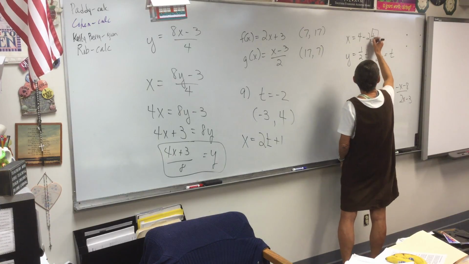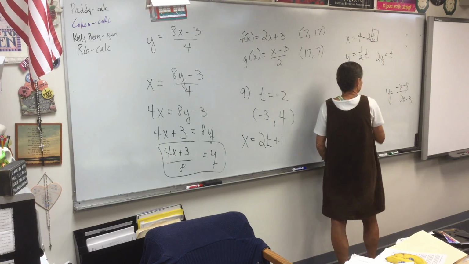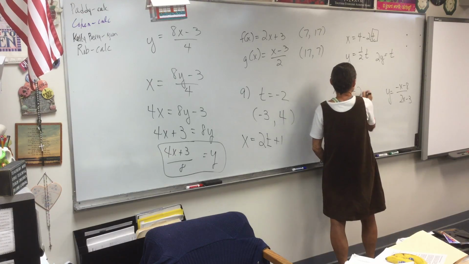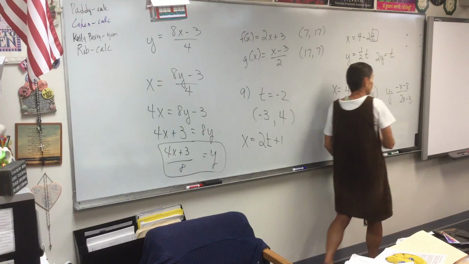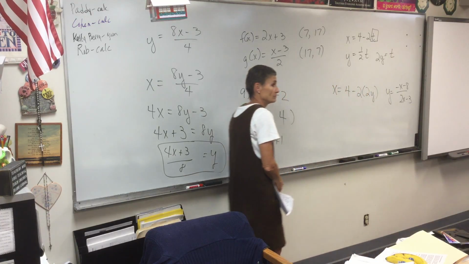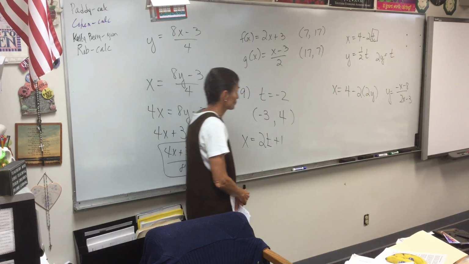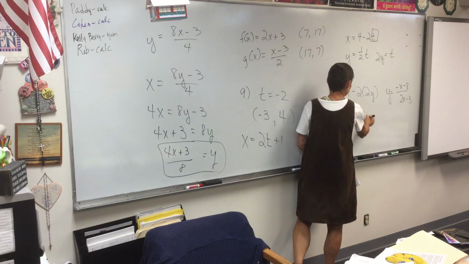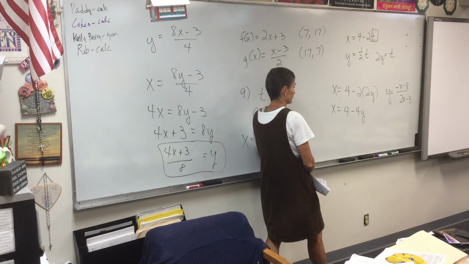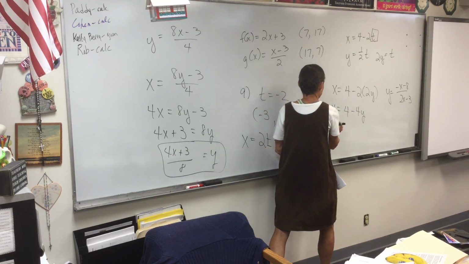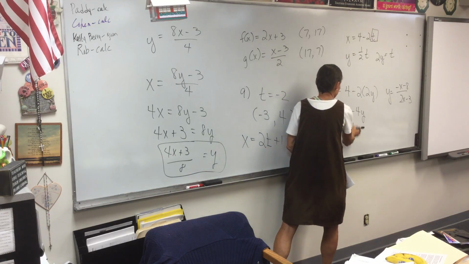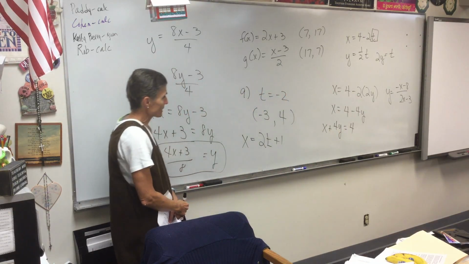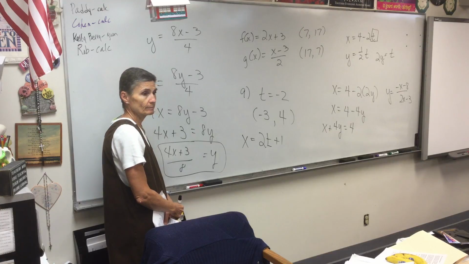Which means, what can I put in right there? 2y. So x equals 4 minus 2 times 2y. So x equals 4 minus 4y. And I would probably rewrite that in good form like this, just put the x's and y's on the same side, so it looks like a normal equation.